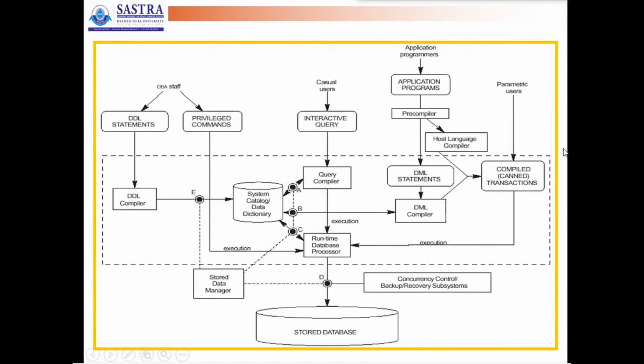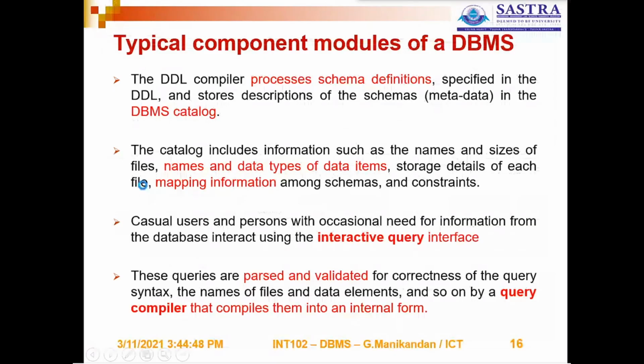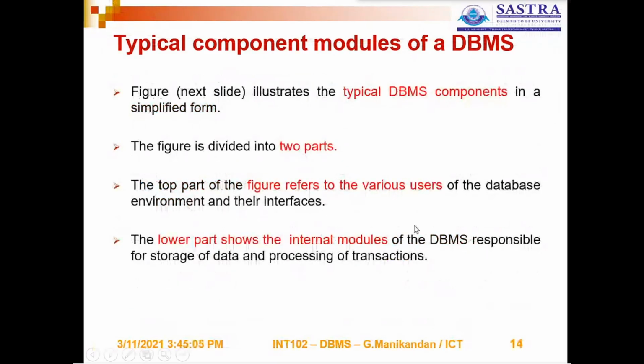The users are parametric users, application programmers, casual users, and the DBA staff. In the bottom, you are going to have the various modules. The lower part of the diagram shows the internal modules of your database management system, which is responsible for storing the data and processing the transaction.